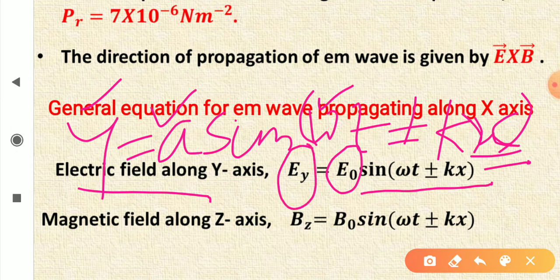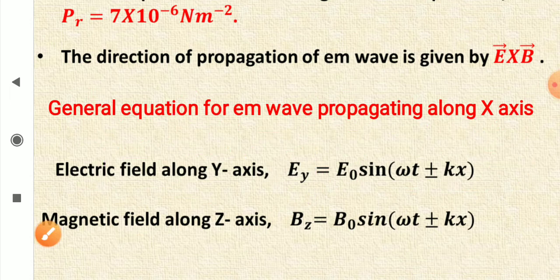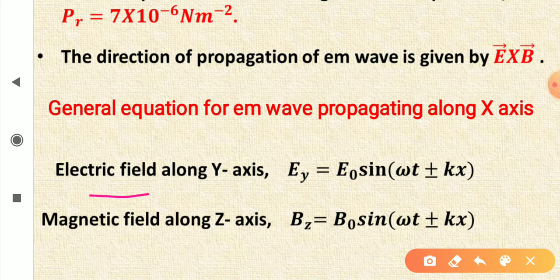Now, the displacement is perpendicular to direction of propagation of wave. So let us assume that electric vector is along y-axis. So we get general relation for electric field vector oscillating along y-axis as Ey is equal to E naught, that is the peak electric field, sine omega t plus minus kx.